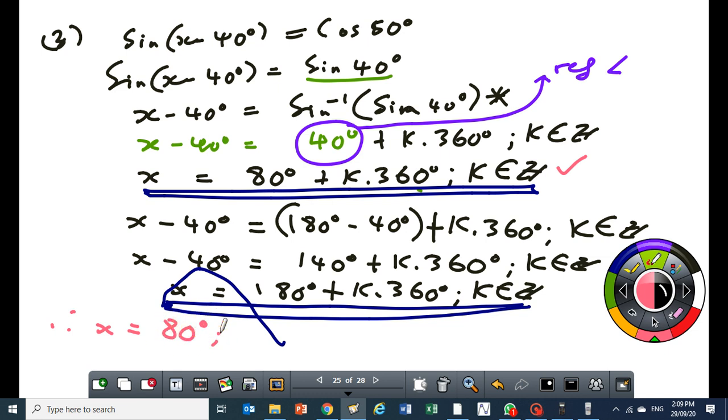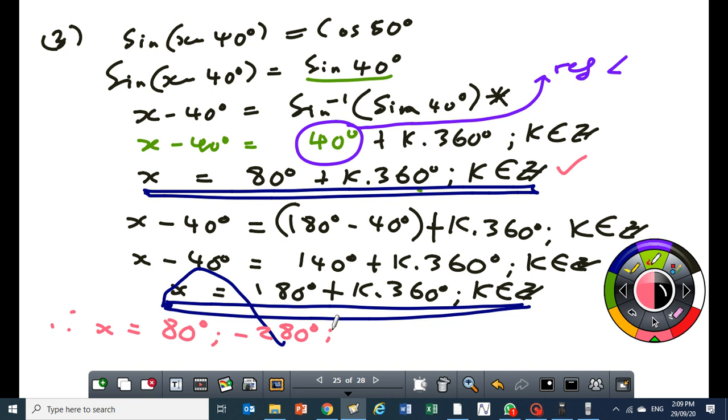If I put k equal to 1 here, I'll get 360 plus 80, which gives me 440. I don't want 440. If I put k equal to minus 1, I'll get 80 minus 360, which gives me minus 280. Minus 280 is in the interval, so I'll put minus 280 degrees. It's a solution. If I substitute k equal to 2, k equal to minus 2, I'll get values that are outside the required interval.